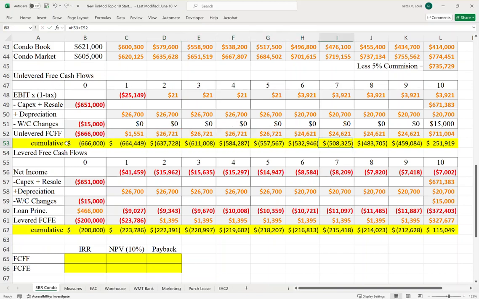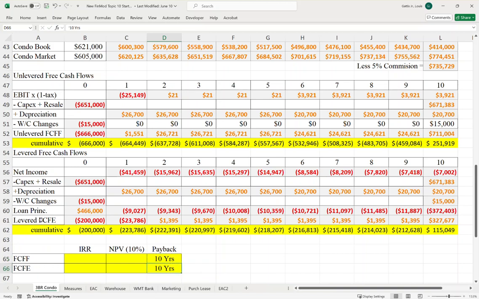The year they turn positive is year 10. So you can say the payback is 10 years. And then if I look at the cumulative FCFEs, you pay $200,000 today, and looks like you don't break even till year 10. So the payback period for both FCFEs and FCFFs are 10 years.